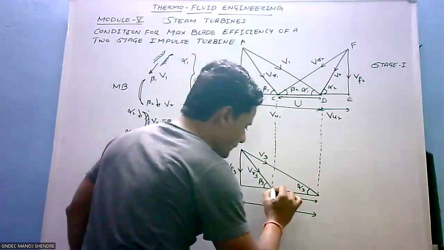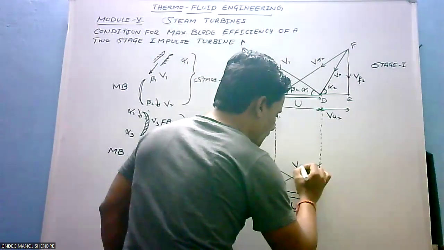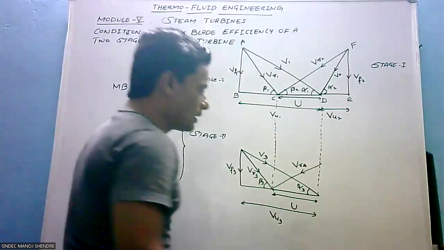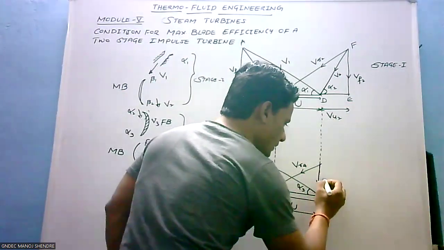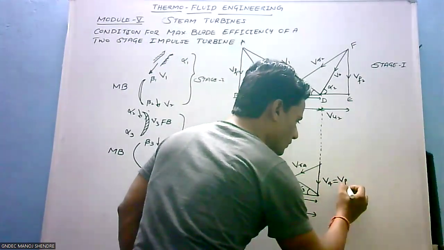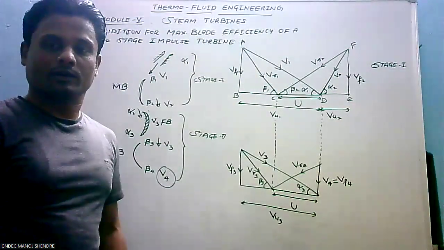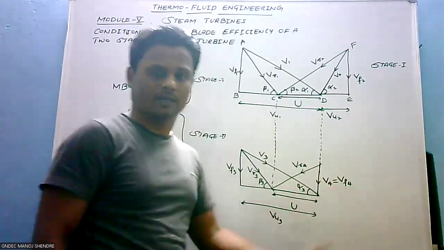Look at the board carefully. So this is VR4, the relative velocity component. And the vertical velocity is V4, equal to VF4. This is the least velocity. V4 is the least velocity, right?